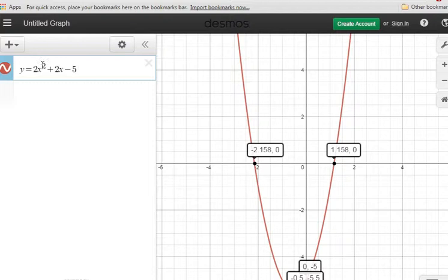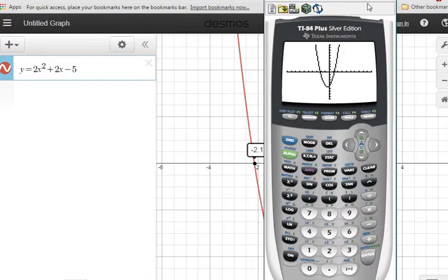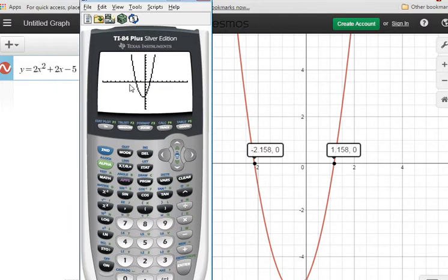There's some other information here about the vertex and the y-intercept, but we're focused on the roots. It looks like where it crosses the x-axis is a little more than 1, and a little less than -2, which is what we said here. With the calculator, it just was harder to read. These aren't whole numbers, so that's going to mean something in a second, and we'll refer back to that.